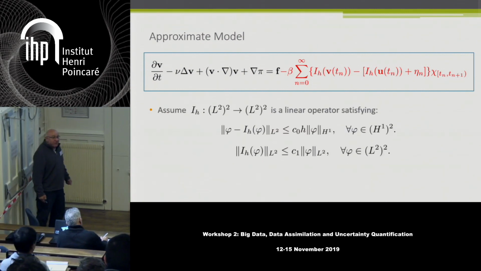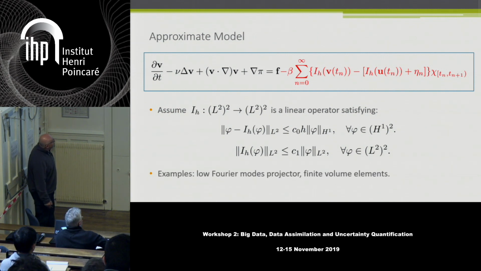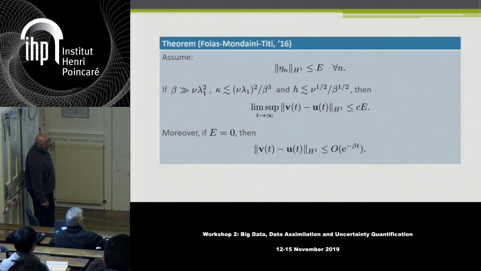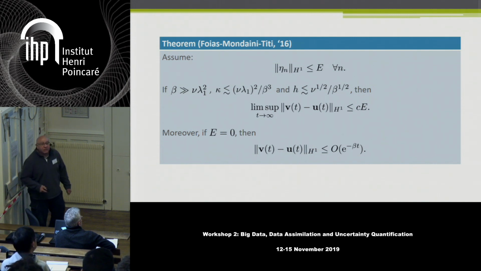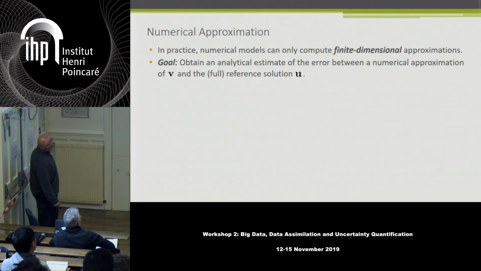Under these assumptions that I'm approximating the identity, following exactly what we did in finite volume, a result with Foias and Mondaini shows that if the error in the measurements is uniform, E, and again, if beta is large enough and kappa, the frequency, is small enough, then you can show that the limsup of the error between the reference solution and the algorithm is of order E. So if there is error in the observations, then there is error in the result, but if the error is 0, we know that this goes to 0 exponentially fast.